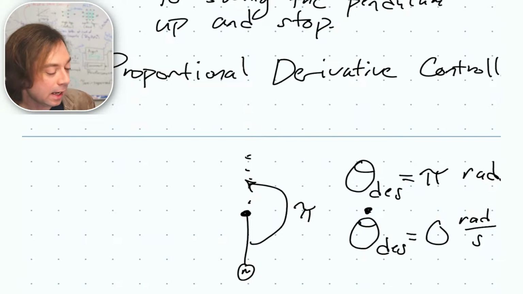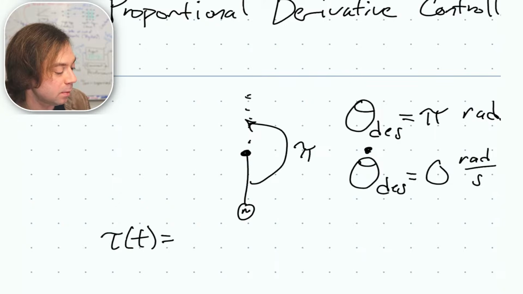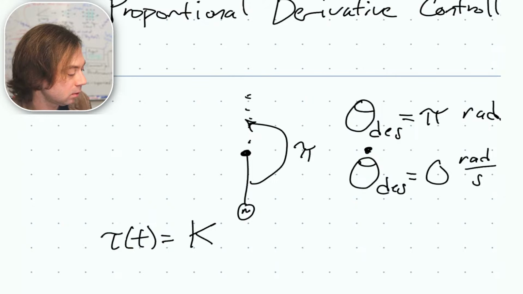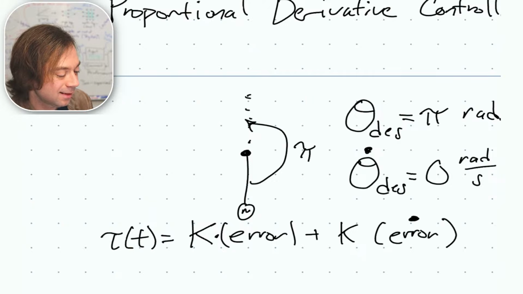All right, and a proportional derivative controller is one where we take our control input, tau of t, and it's going to be proportional to our error and proportional to our derivative of our error, or error dot. Okay?